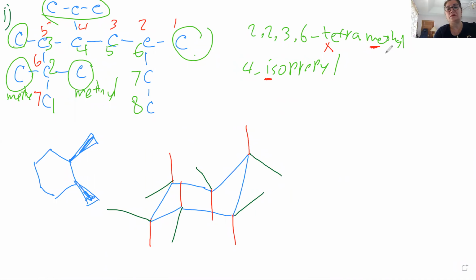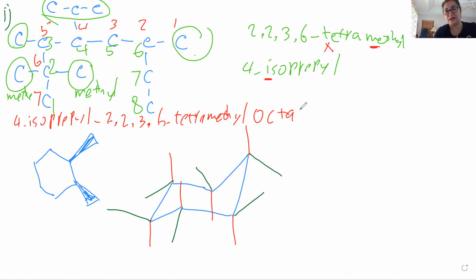So to write the complete name for this compound is going to be 4-isopropyl. And we want to separate the letter from the number by dash line, 2, 2, and separate the numbers by comma, 2, 2, 3, 6, tetramethyl, and what comes last? 8 carbon, so it's going to be octane.